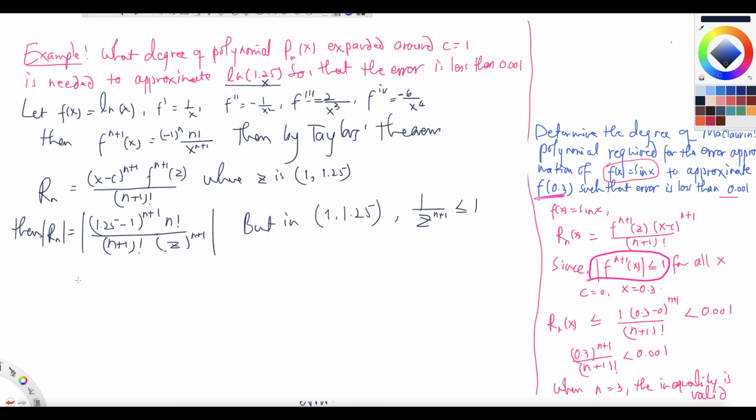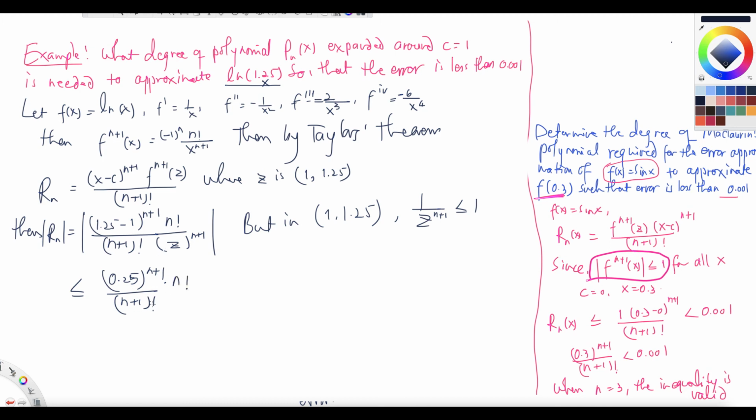So it is less than or equal to 0.25 to the n plus 1 over (n plus 1) factorial, times n factorial.